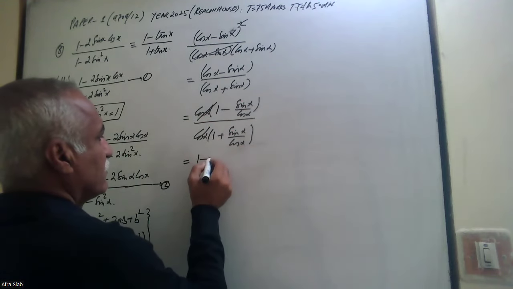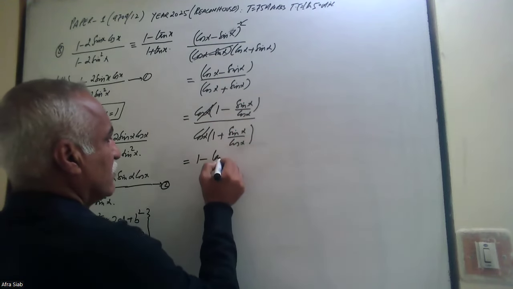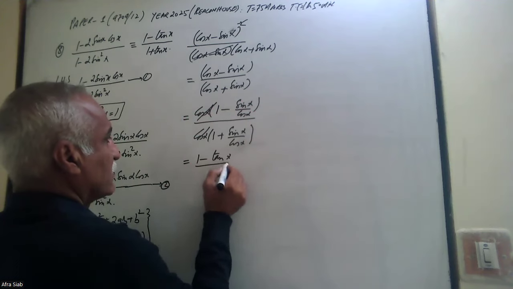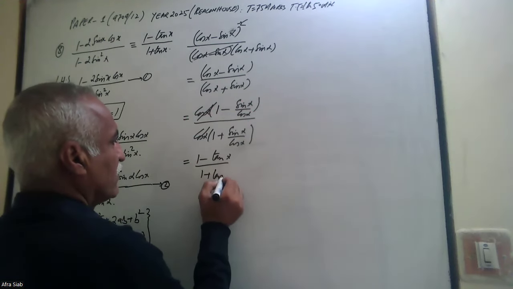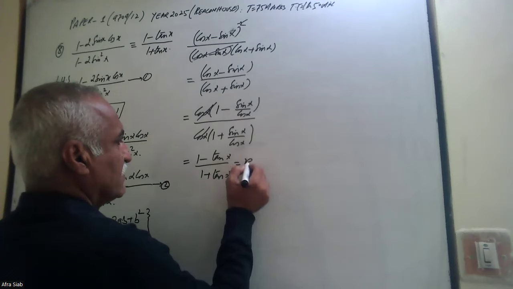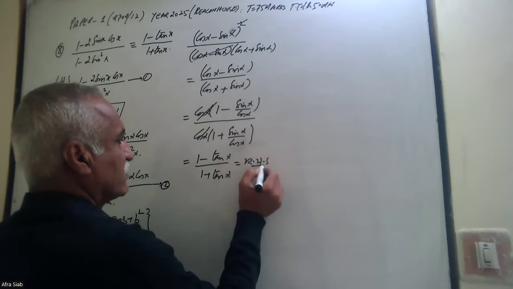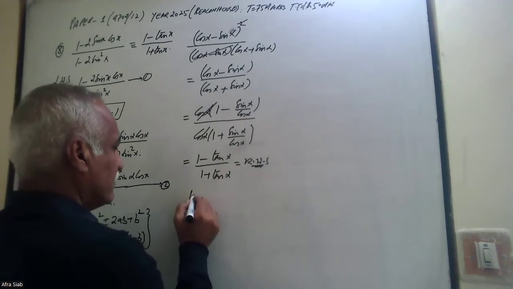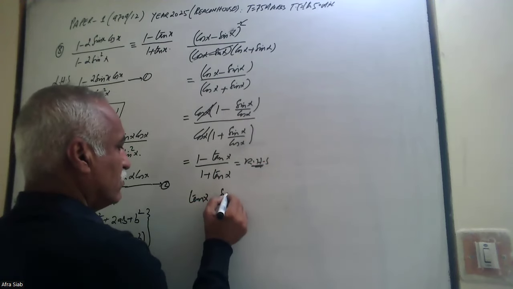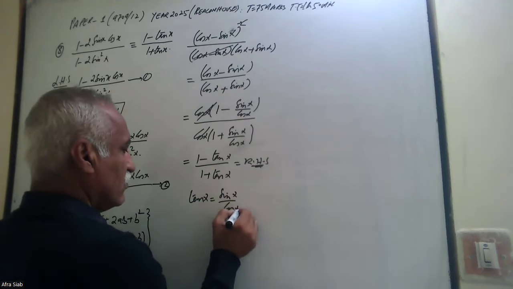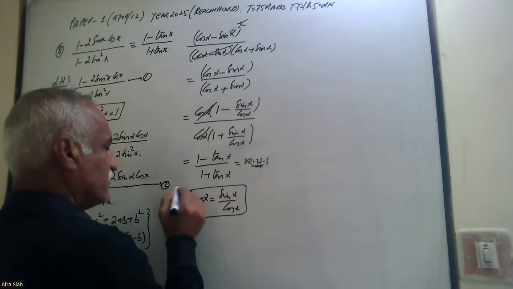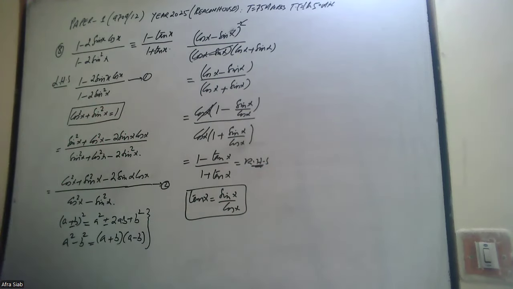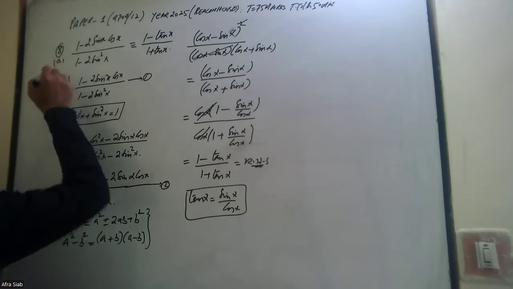So 1 minus sine x over cos x is equal to tangent x over 1 plus tan of x, and that is the right hand side of this equation, where tangent of x is equal to sine x over cos of x. So this is the proof of the first part of this question number 8.